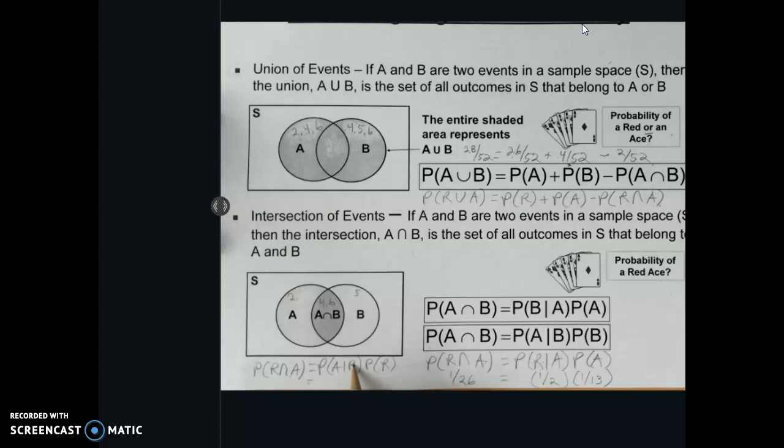There's 26 reds, and 2 of them are aces. So 2 over 26, or 1 over 13. So 1 over 13 times the probability of a red, which is 1/2. And notice you have the exact same thing. It's just 1/2 times 1/13 here. Here it's 1/13 times 1/2. The result is 1/26. All right, so that's how we calculate an intersection.